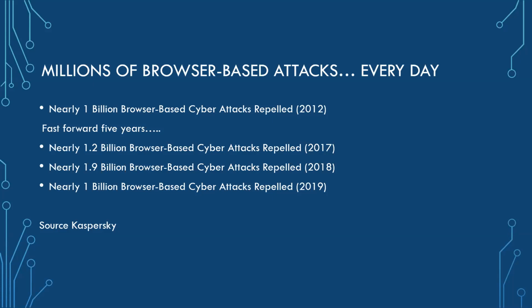Now, fast forward 5 years after, you would expect that, okay, technology has advanced, people are more security conscious and everything. But see, it's still rising. We have 1.2 billion in 2017, 1.9 billion in 2018, and a billion in 2019. Fine, it dropped, but this doesn't capture everything.